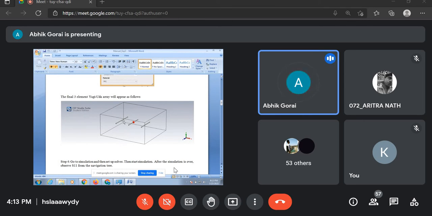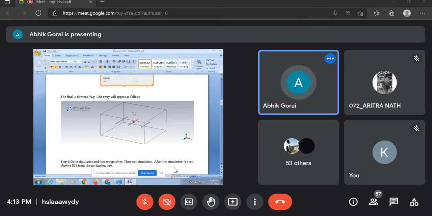So what is the purpose of this Yagi-Uda antenna array? You can see one element in the front and one element at the back side. There may be more elements in the front and one more element in the back side. So what is the function of these elements?